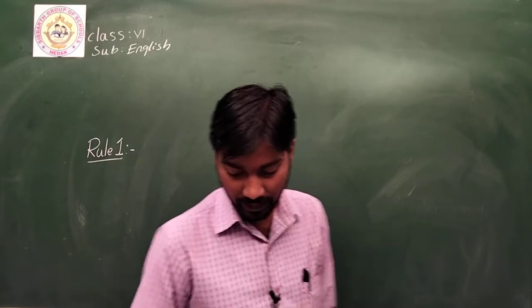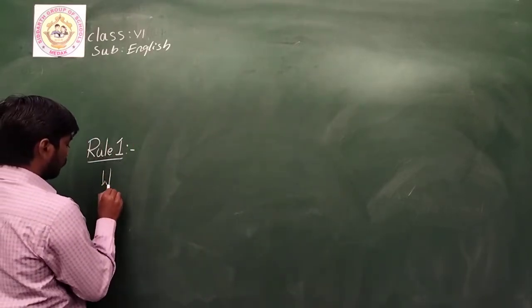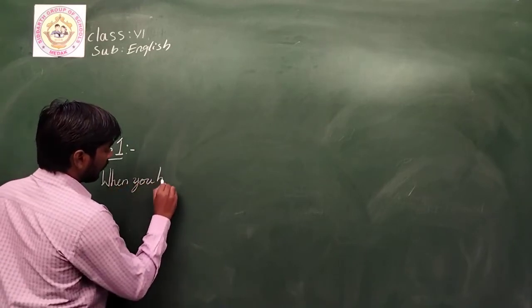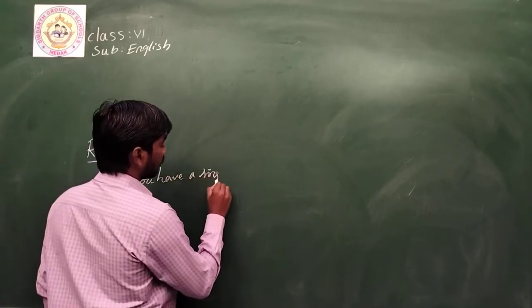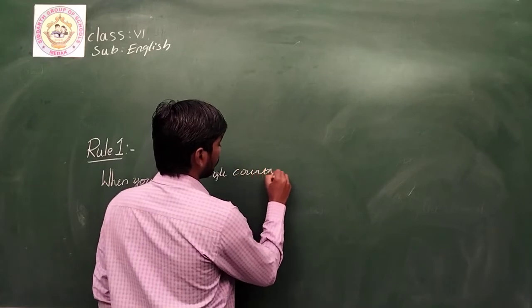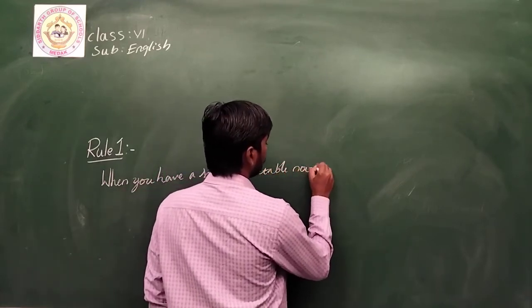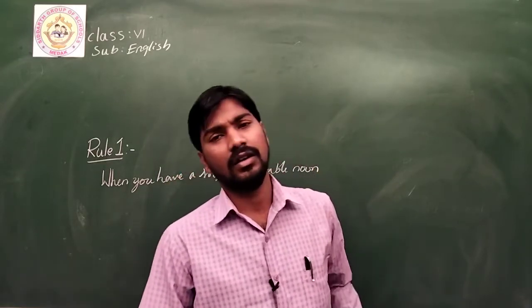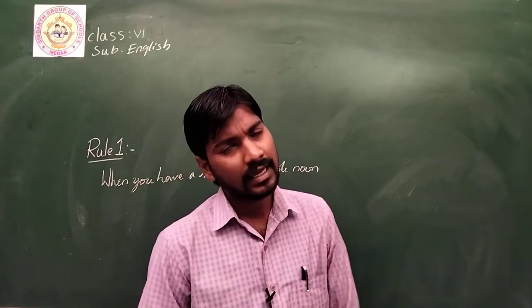Copy that. When you have a single countable noun, in front of it, before it, you will get a or an, that is an article.